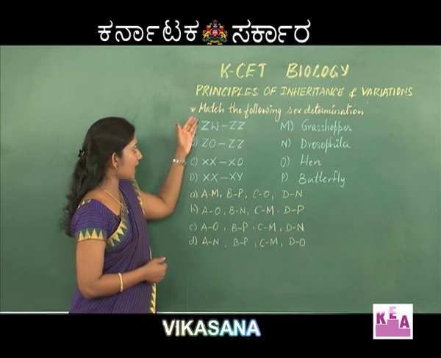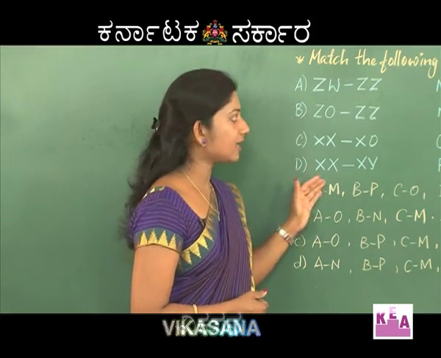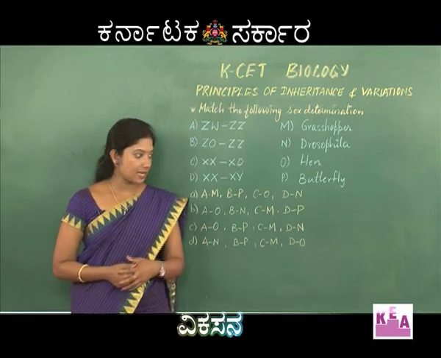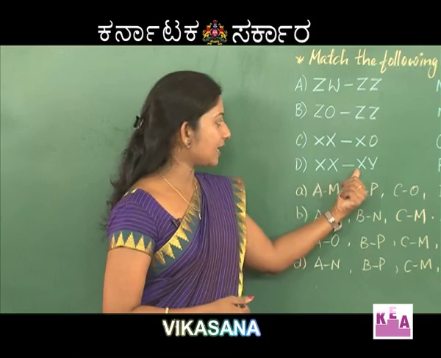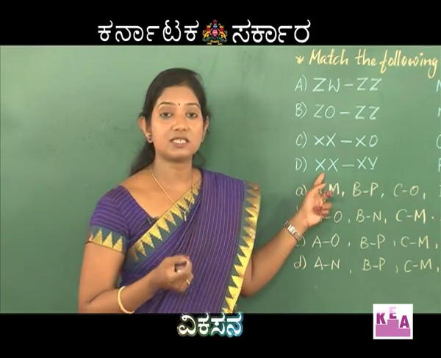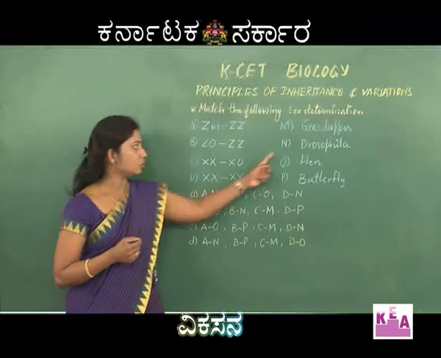Let me first explain how the sex determination of these types is done, and then I will match it with the examples given over there. So here you can see the most common one is XX and XY. This is the type of sex determination we find in human beings as well as in Drosophila.